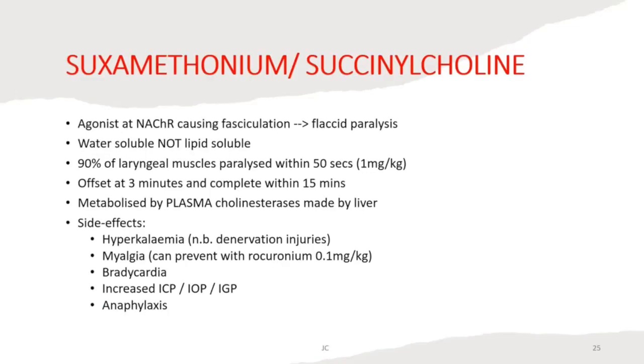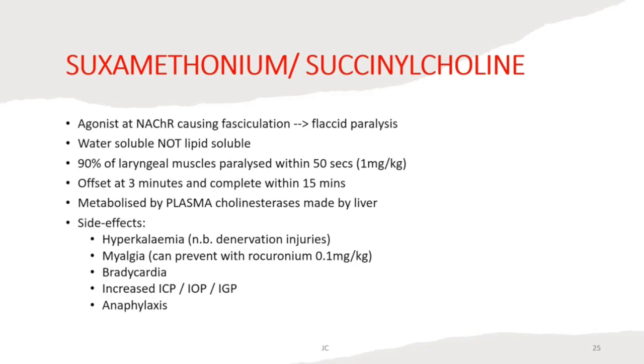So starting with SUX or succinylcholine, it's effectively like two acetylcholine molecules joined together. As I mentioned, it's an agonist at the acetylcholine receptor, causing a fasciculation, then followed by a flaccid paralysis. It's water soluble, but not lipid soluble.